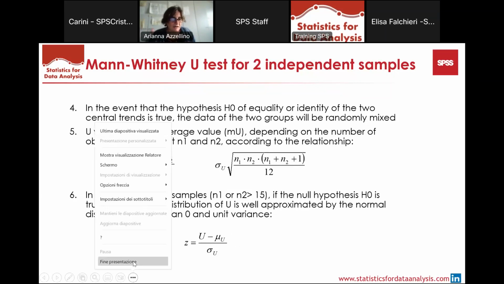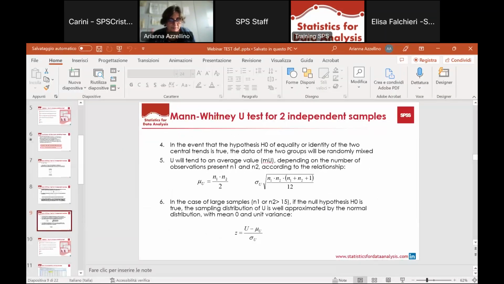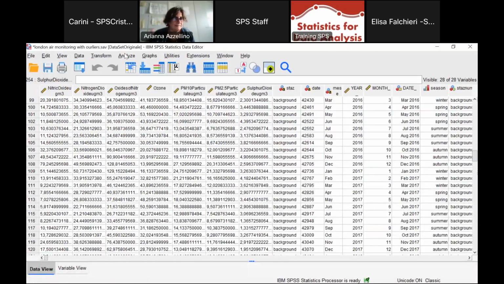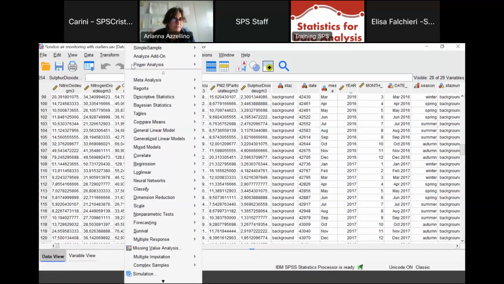Let's see how it will work by doing that with statistics. And I will pick here the non-parametric test from the non-parametric menu that is available under the Analyze menu.